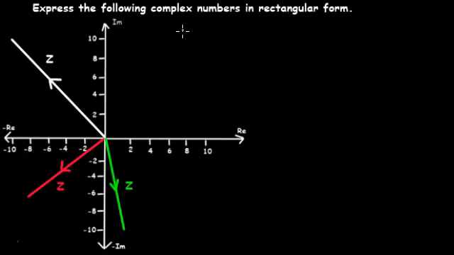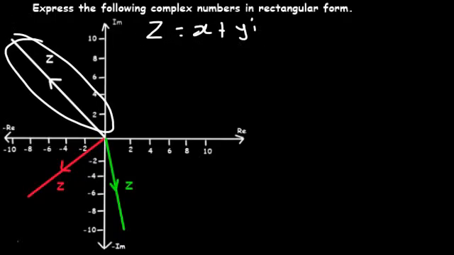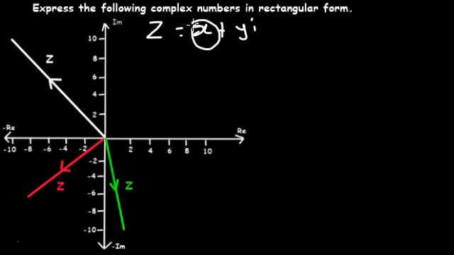Since you know that any complex number in rectangular form will be of the form z equals x plus yi, your goal is to pay attention to the component of that complex number along the real axis. Then you take that value as your value of x. You do the same thing for the imaginary axis and you take it as your value of y. And then you substitute respectively and have your complex number. So z in this case will be equal to, let's find its magnitude along the real axis. Can we say it's 10? That does make sense.